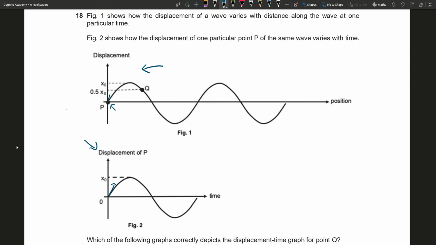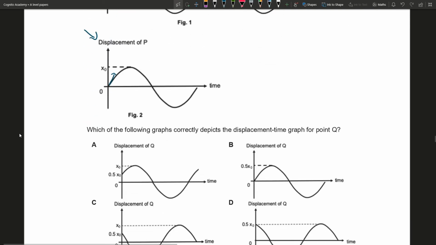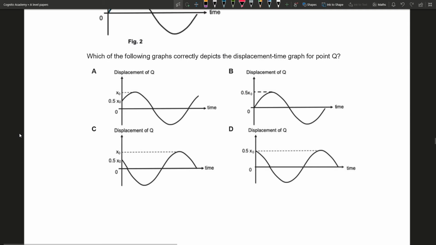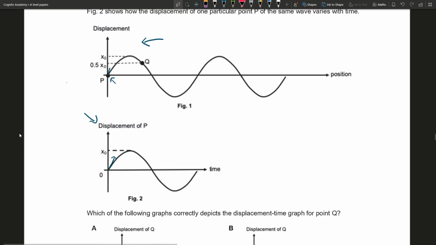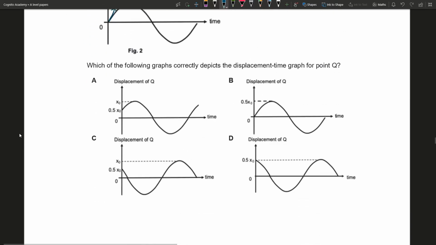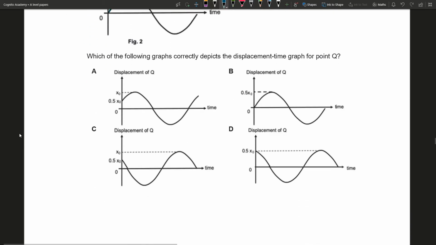So with that in mind, we are asked which of the following graphs correctly depicts the displacement-time graph for point Q. First we observe the initial displacement of point Q, which is 0.5 x naught going down. We cancel out anything that doesn't start from 0.5 x naught, which is only B in this case.